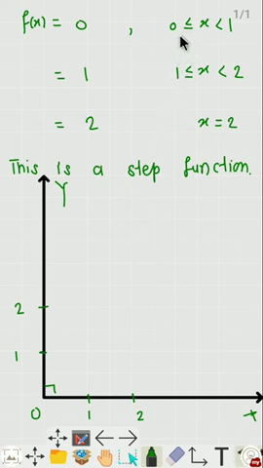When x is between 0 and 1, the function has value 0, so our first graph is on this line.